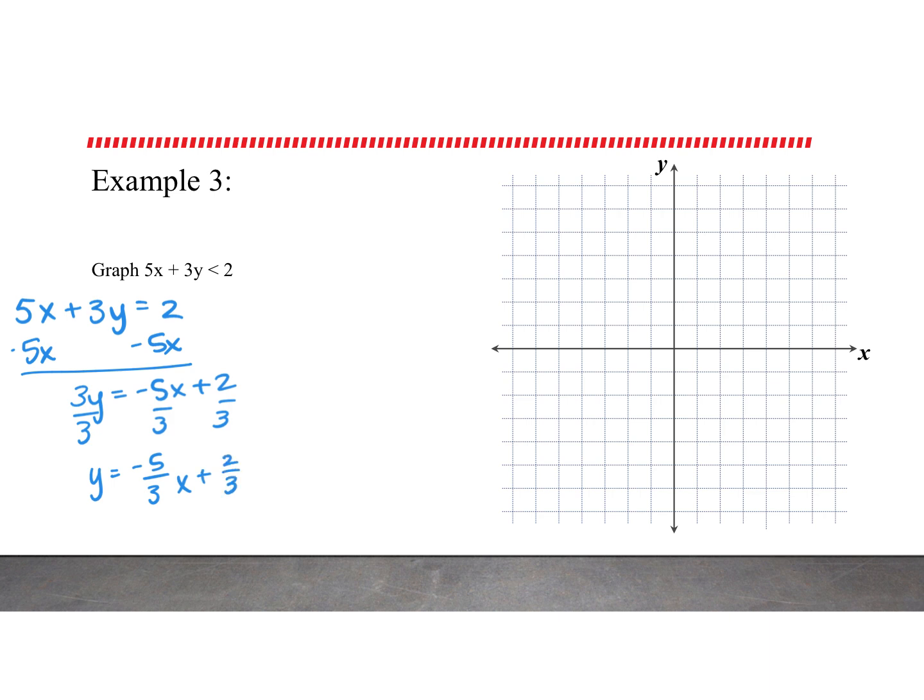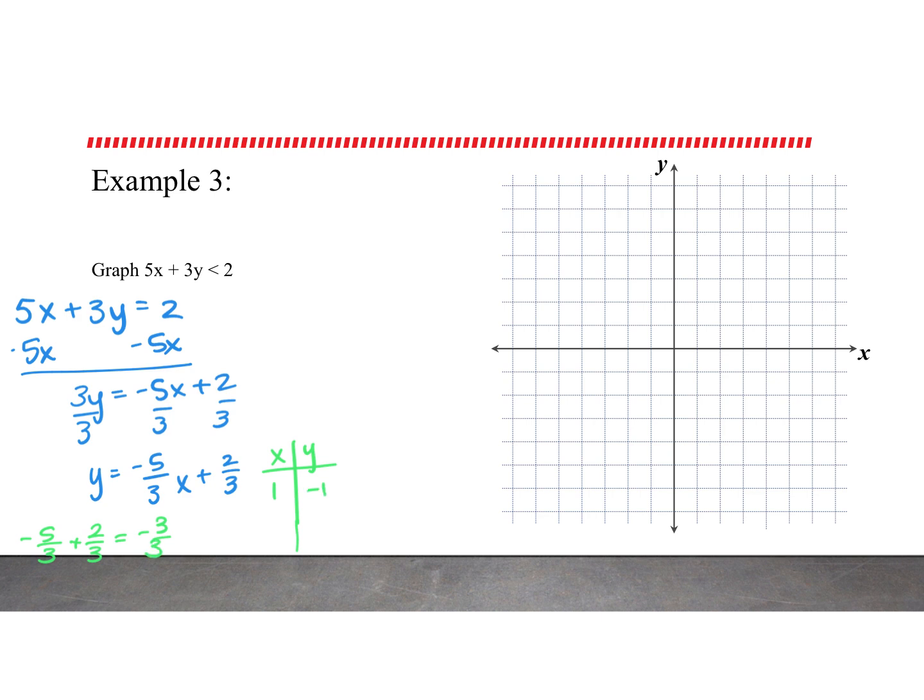Now I don't have a great y-intercept value here, so let's do a t-chart. And I'm looking ahead at some numbers that may work or may not work. Let's try a 1. If I plug a 1 in here, we have -5/3 times 1 is -5/3 plus 2/3.